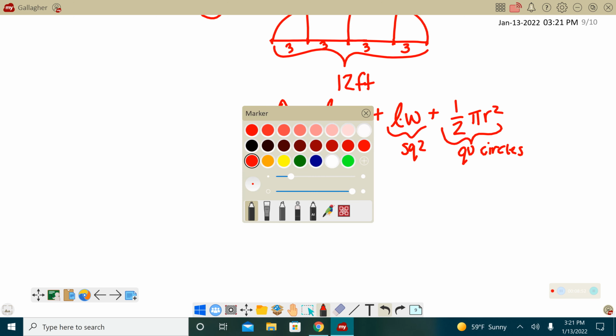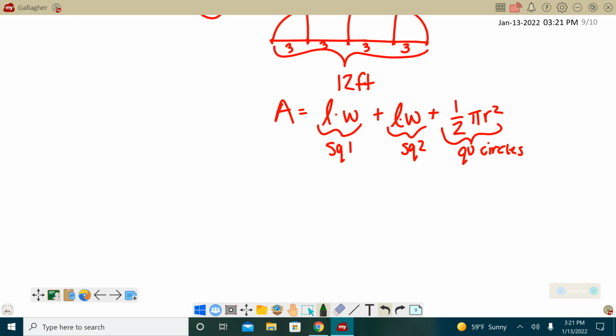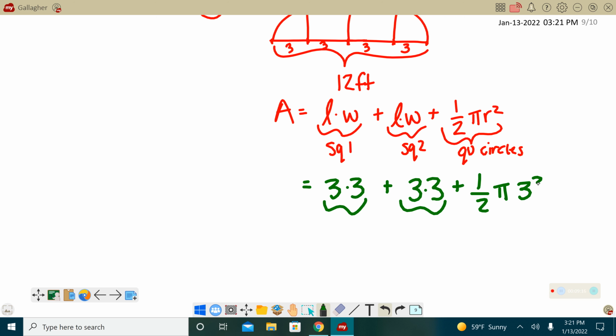I'm going to swap out the length and the width with the dimensions. In that square, the length is 3 and the width is 3. Then I have the second square, which is also a 3 by 3. So here's square 1, square 2, and my radius is 3. And these are the quarter circles.